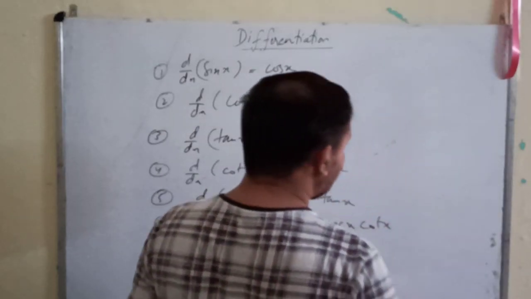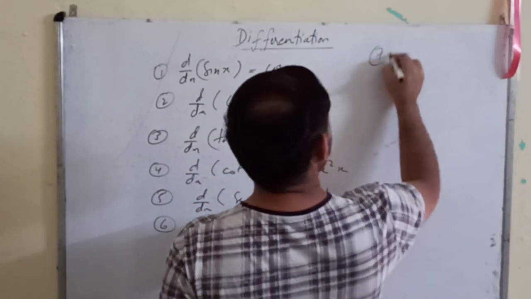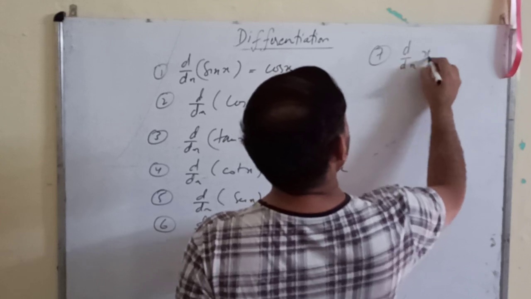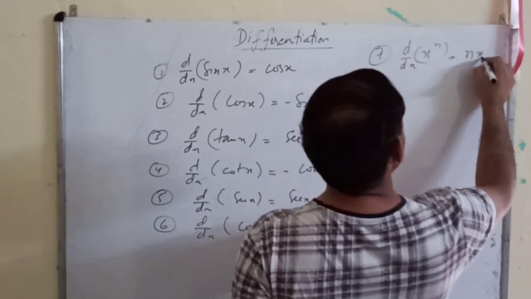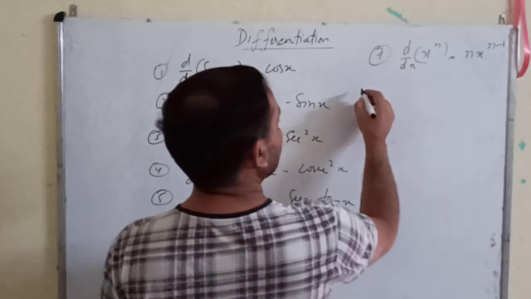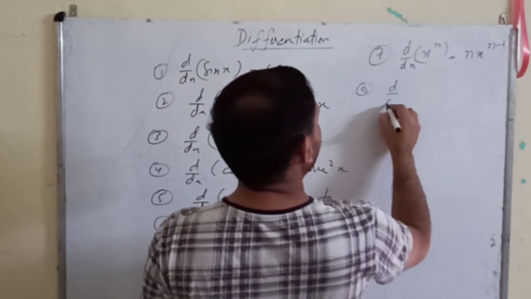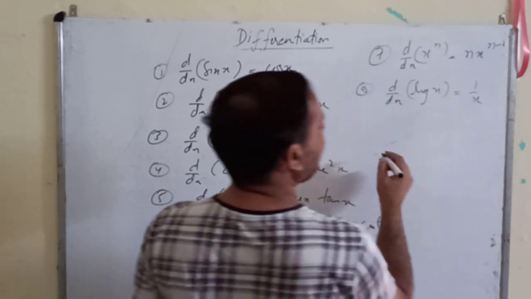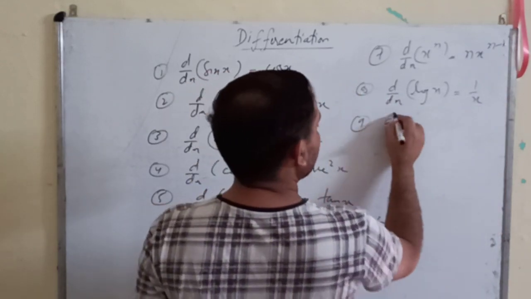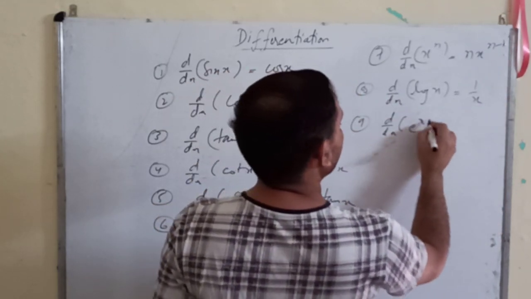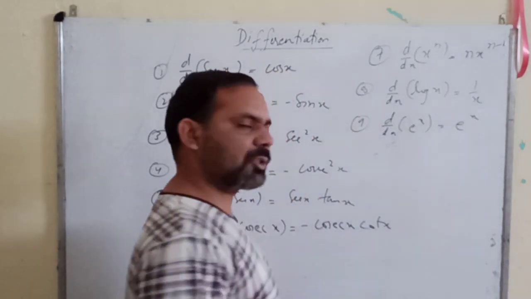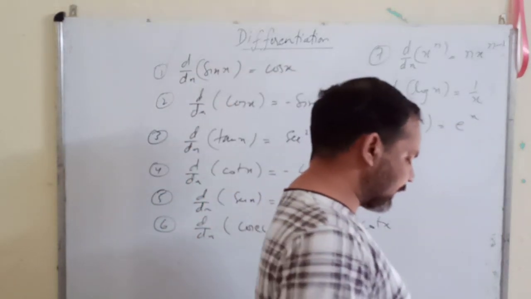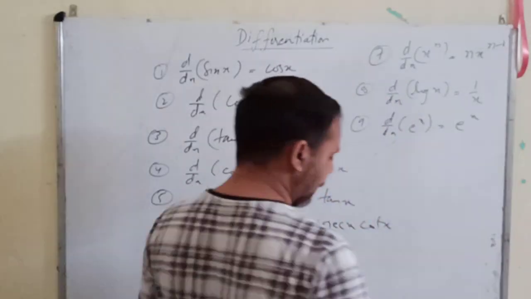Then you have derivative 7, d by dx of x raised to the power n, n x raised to n minus 1. 8th, d by dx of log x equals 1 by x. 9th, d by dx of the exponential function does not change. d by dx of e raised to x is e raised to x itself.